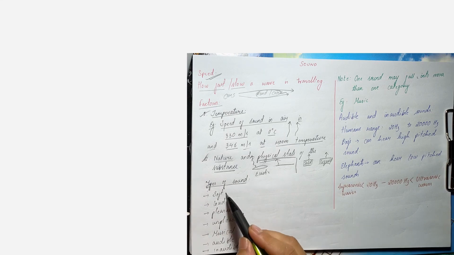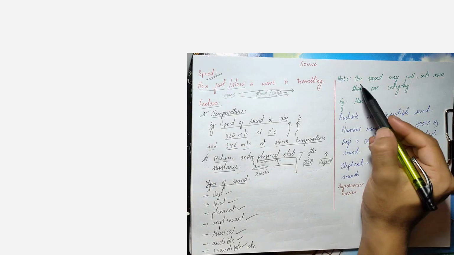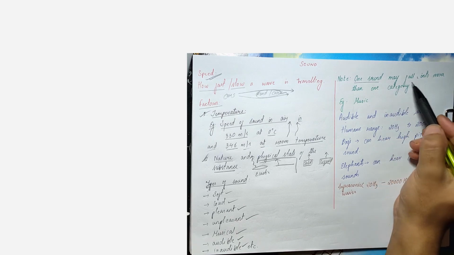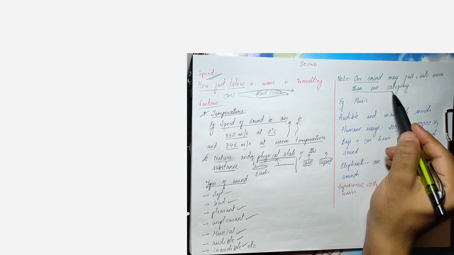Let us now discuss the types of sound. So sound may be soft, it may be loud, it may be pleasant, unpleasant, it may be musical, it may be audible, that means we can hear the sound, or it may be inaudible, that means we cannot hear that sound. Now it is obvious that one sound may fall into more than one category.